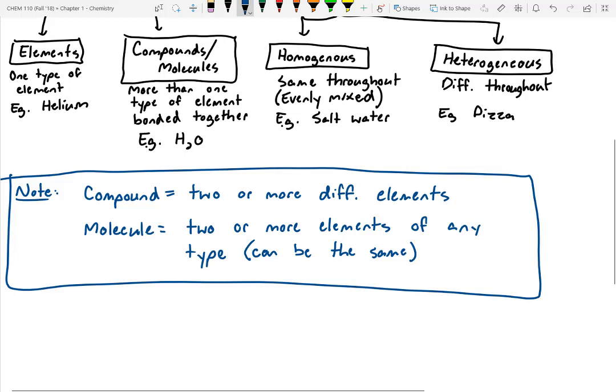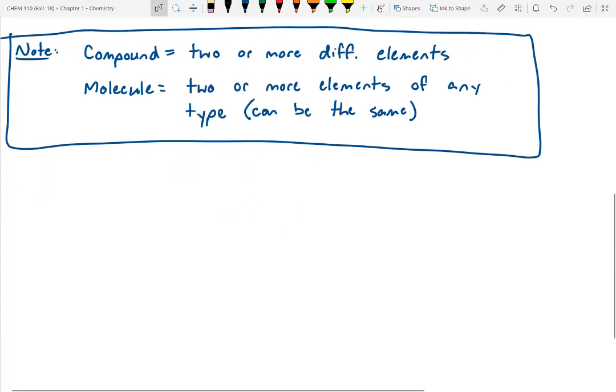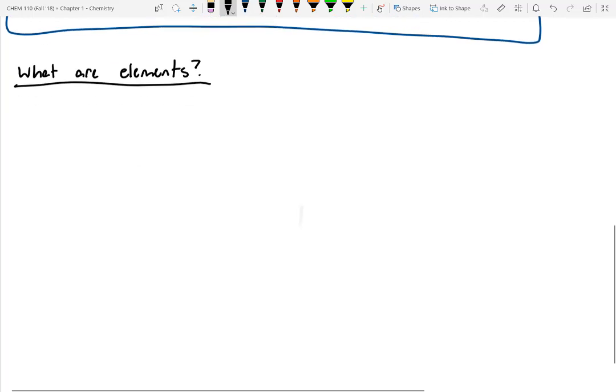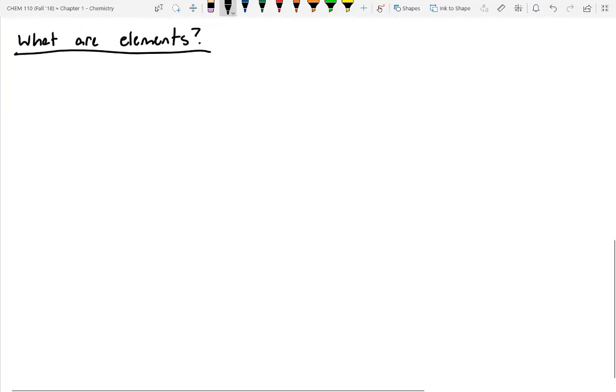All right, so let's take a step back and look at elements a bit more. And like I said, you can find elements on the periodic table, and they're the fundamental building blocks of matter. It's pretty easy to remember that.